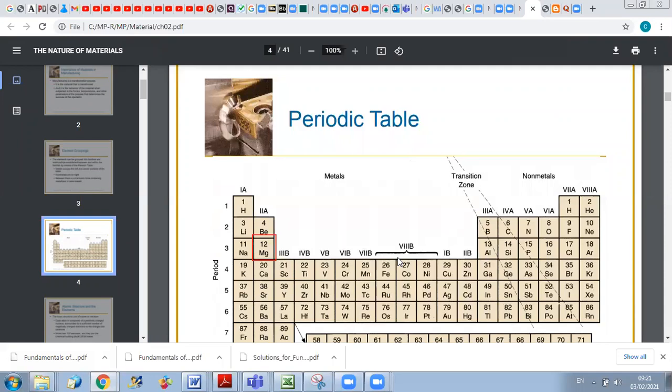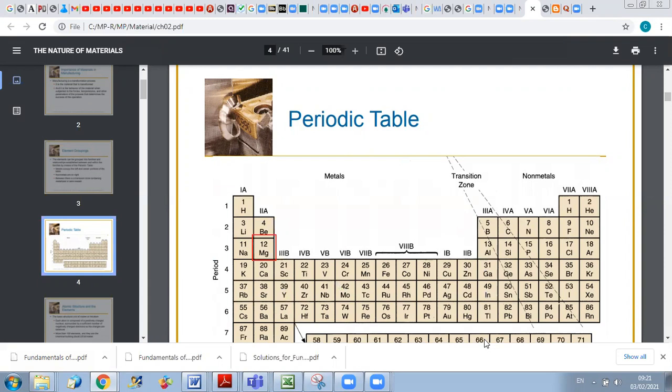So you should just know that metals are in this zone, so they involve nearly groups 1A to 2A, and nearly all groups B. Also, you have some metals in group 3A, the majority of them.